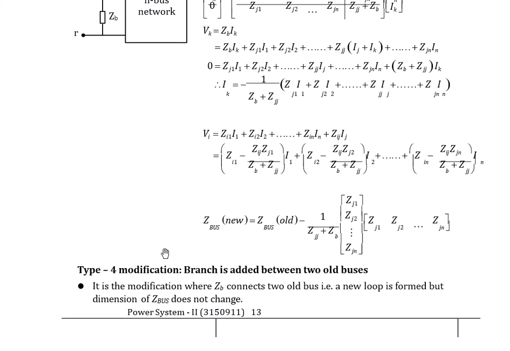Type 4 modification is where a branch is added between two old buses. Now there is no reference bus; the branch is added between two old buses. It is the modification where ZB connects between two old buses. A new loop is formed, but the dimension of Z bus will not change, because we are not adding any new bus here.